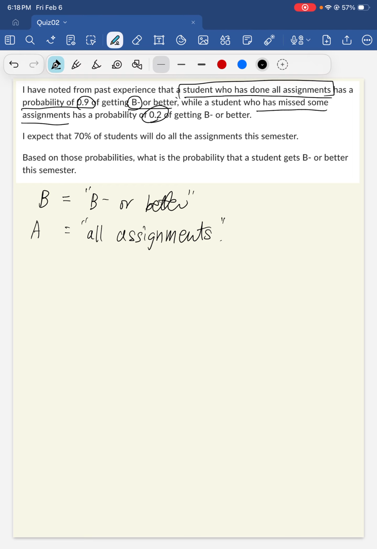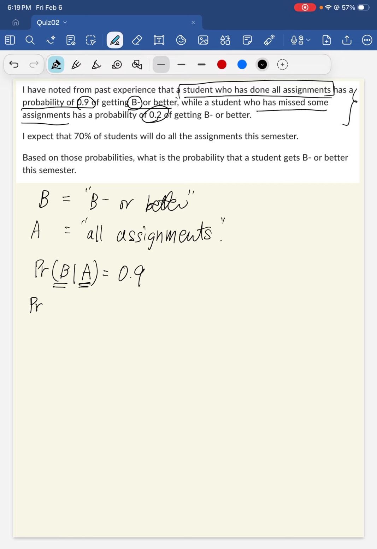All right, the information we have in the first paragraph tells us the probability of B minus or better given doing all assignments is 90%, right? If you finish all the assignments, then this probability is 90%.